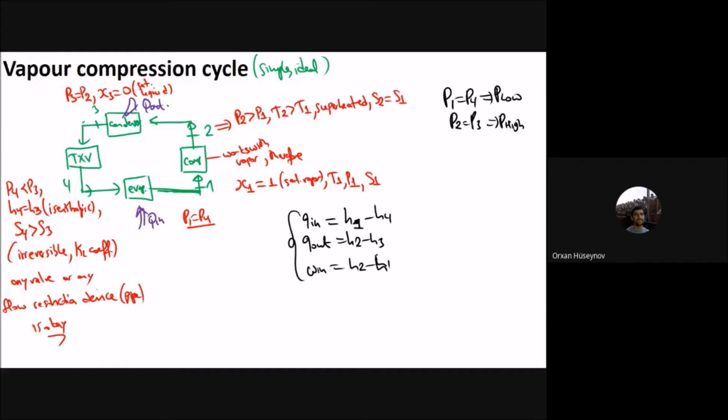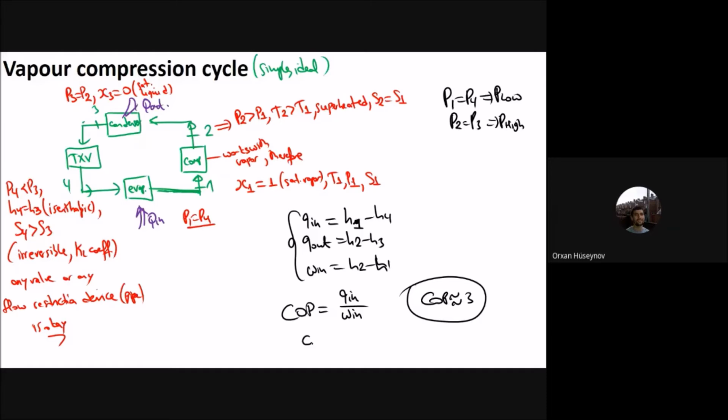And then you will have the COP, the coefficient of performance, which is like the efficiency. What you are doing is dividing the refrigeration capacity, measured by Q in, by the work in. This is the COP value, and for real refrigeration cycles, it's about 3.